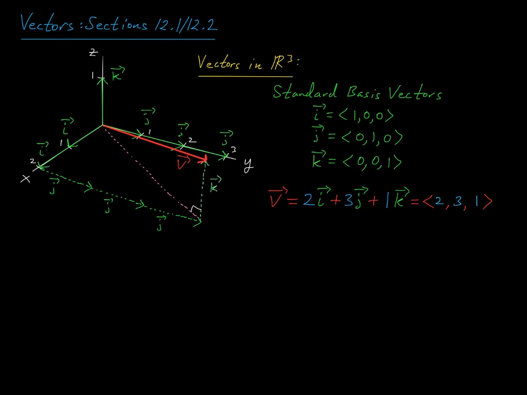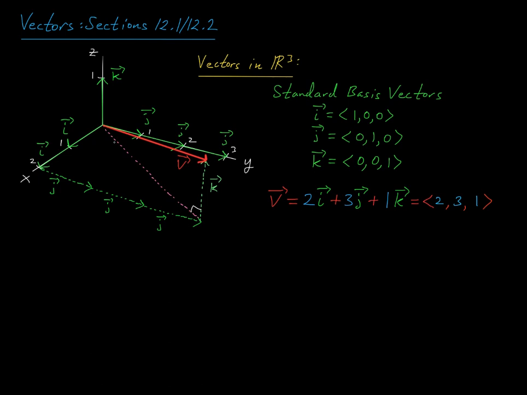Then I need for the j component 1, 2, 3 j's, and then 1 k. And then this vector v runs from the origin out to this point right here. So in terms of the basis vectors, this vector v would be 2i plus 3j plus 1k. And we can write that in component form as just 2, 3, 1, where we're using this angle bracket notation.